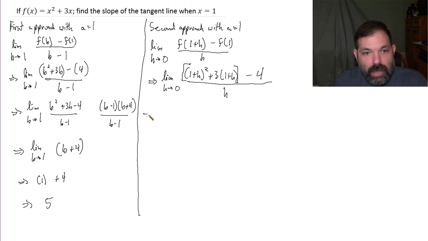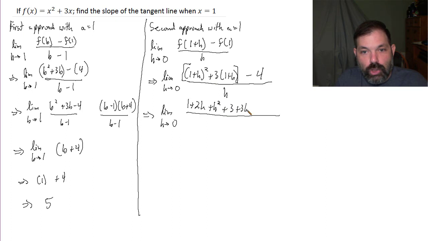All right, applying a little bit of algebra here. This becomes the limit with h approaching 0. 1 plus h squared, remembering how to square a binomial, that would be 1 plus 2h plus h squared. Then applying the distributive property in the second term, plus 3 plus 3h minus 4 all over h. Let's simplify the numerator, combine like terms.